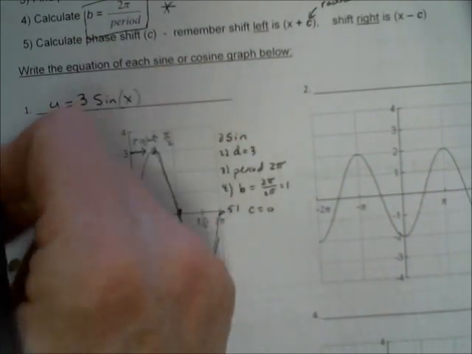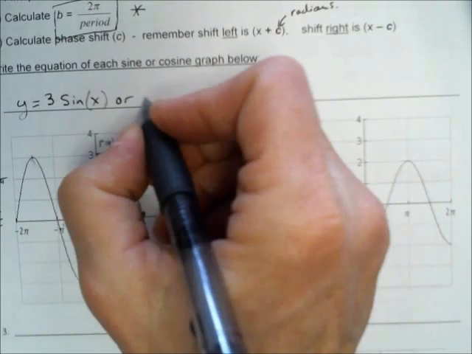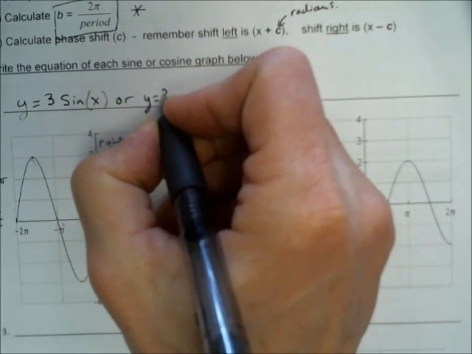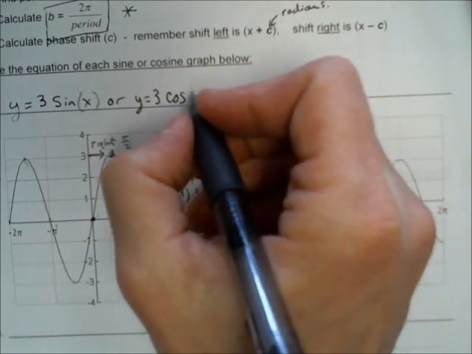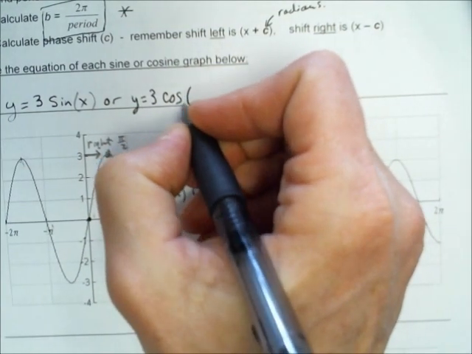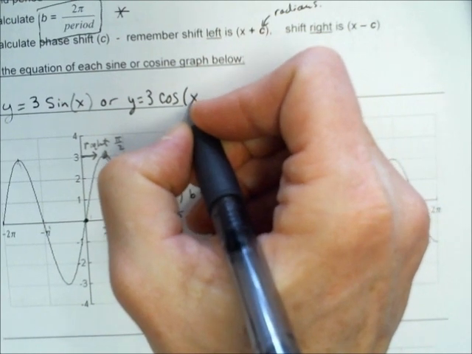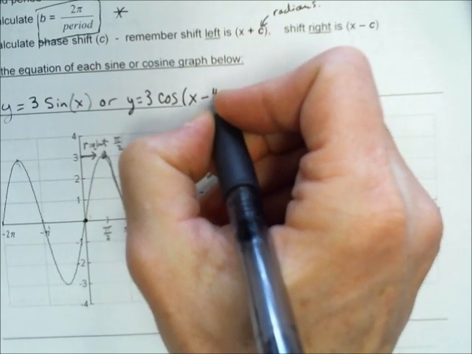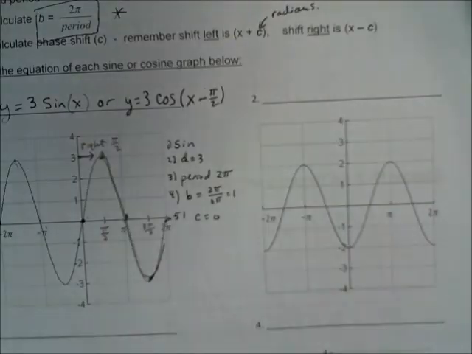So let's plug all of this information into our equation. We can also call this y is equal to 3 is the amplitude, cosine, and the B value is still 1. And now the x value minus pi over 2, we'll say this has been shifted to the right by pi over 2.